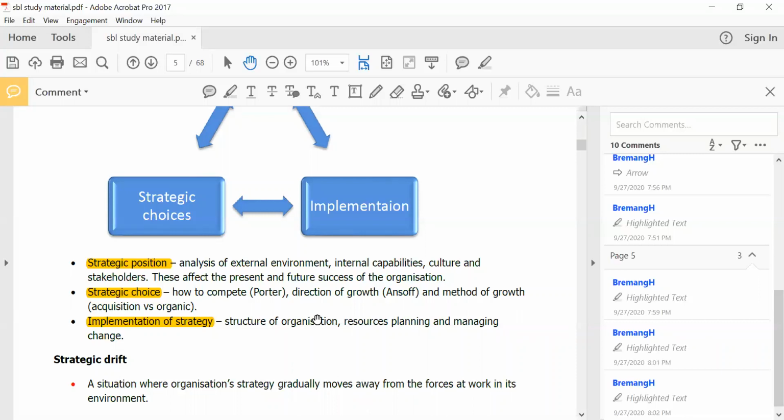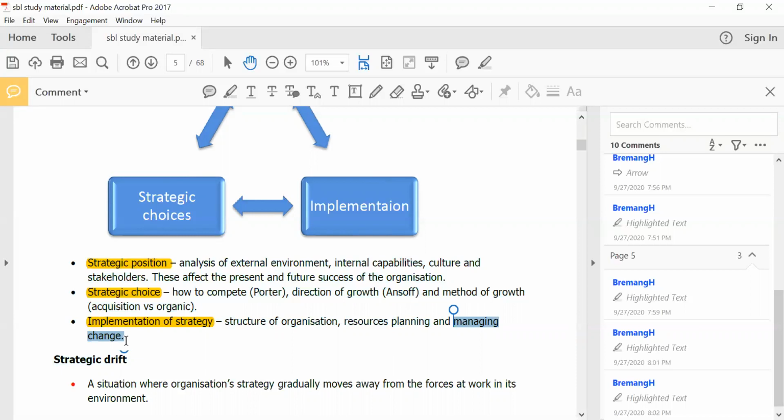And by putting it in practice, we can look at the structure of the organization. Sometimes, whatever is to be implemented is to be implemented by, let's say, the subordinates. Or we can also look at it from the point of resource planning. Because at this point in time, we are implementing it, we have to look at the resources and also look at managing change. Managing change, what are we talking about over here?